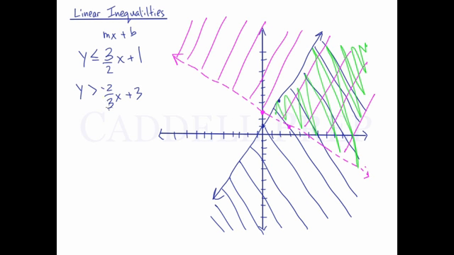So if the question was to identify a point that satisfies both of them, we could pick any point in this area. For example, we could pick this point, 1, 2, 3, 4, 5, 6, so 6, 2 would be a solution, but this entire area we can mark with an S to show that this entire area is the solution to these inequalities. And this is just an example of one point that would satisfy both of these.